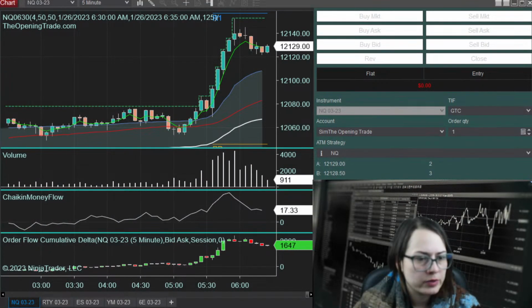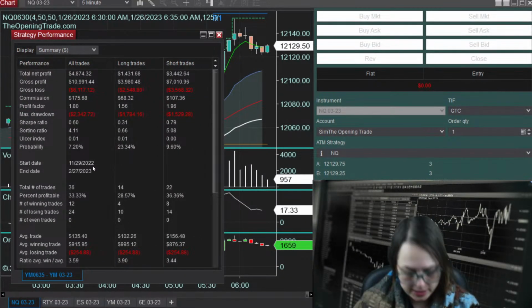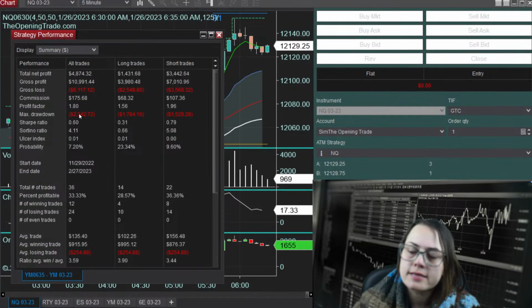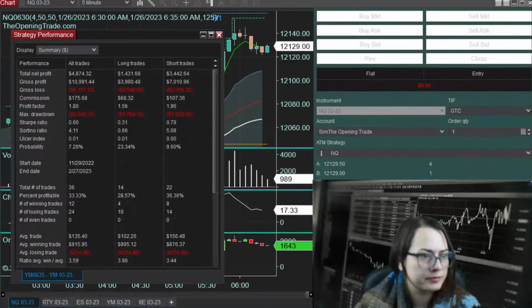And then the last one that we could see trade today will be on the Dow Jones futures. So here is our 90-day date range. Here's the max drawdown, the gross loss, the gross profit, and the total net profit.